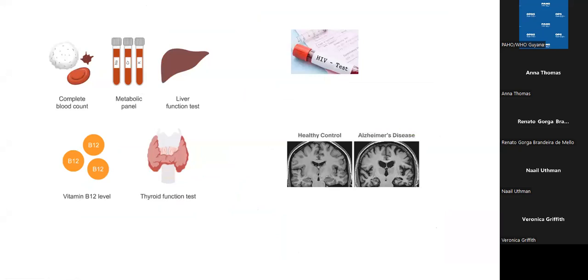Here are some clinical conditions that may explain cognitive impairment. So some tests are indicated while assessing a patient with suspected dementia. Severe anemia can explain cognitive impairment in vulnerable patients.